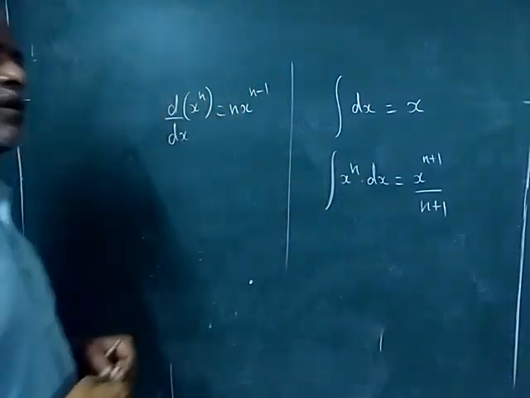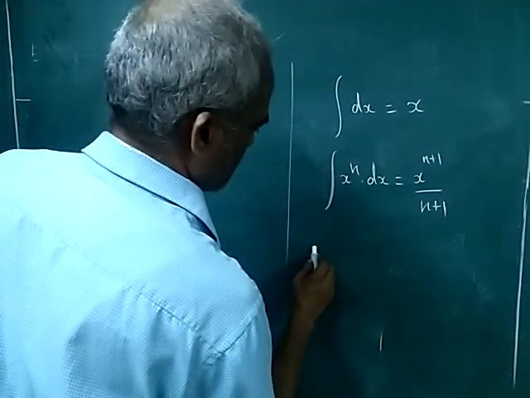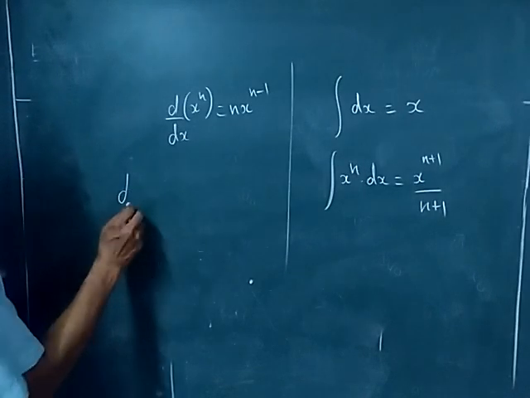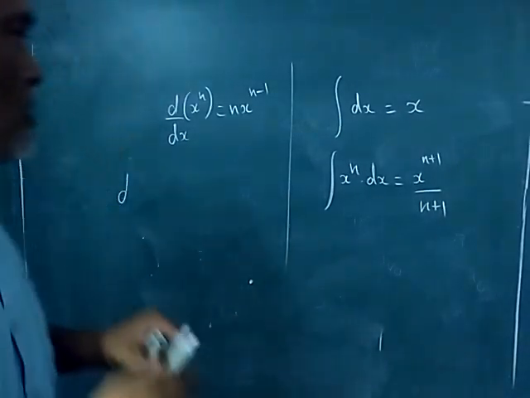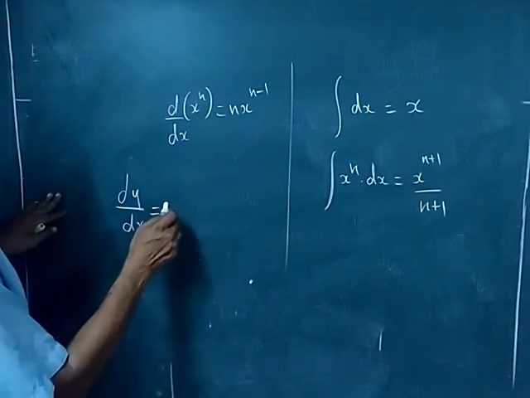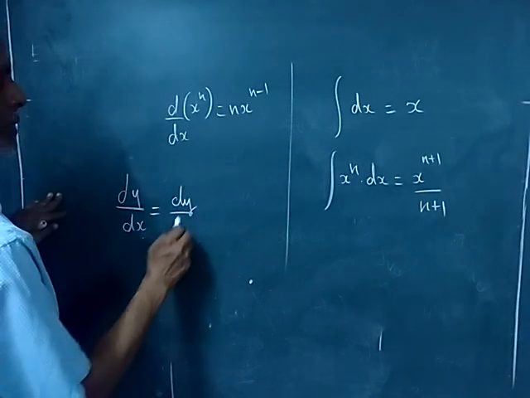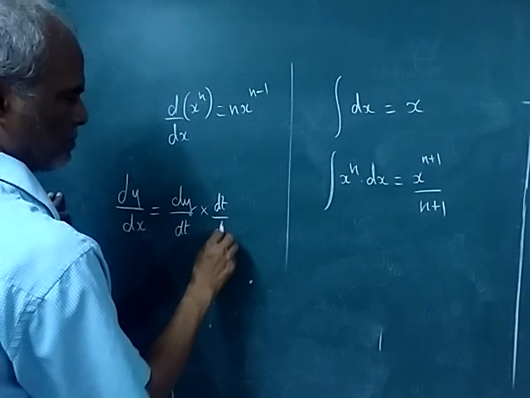And then we have made use of another formula, that is, dy by dx can be written as dy by dt into dt by dx.